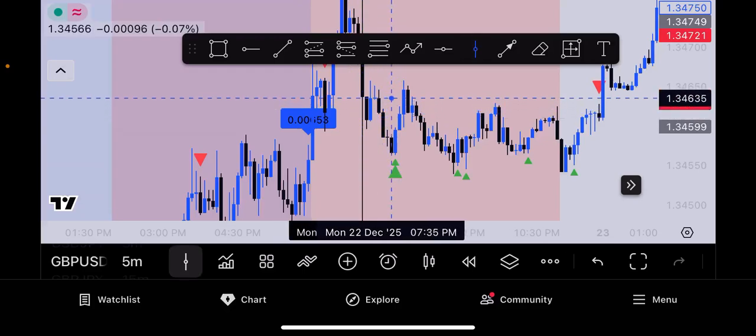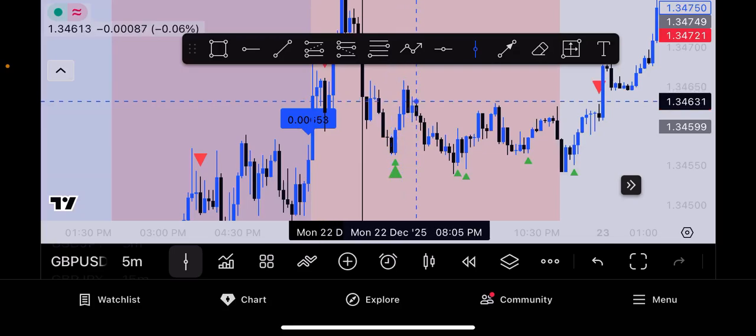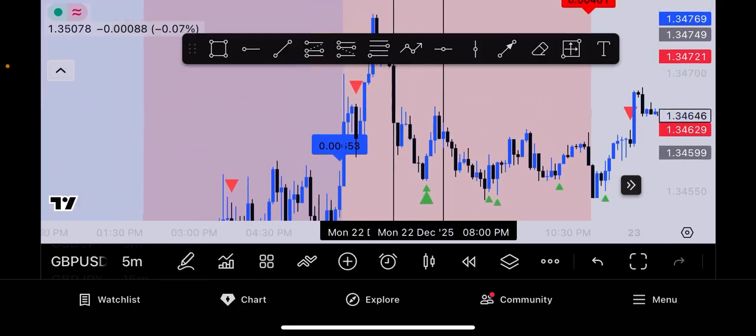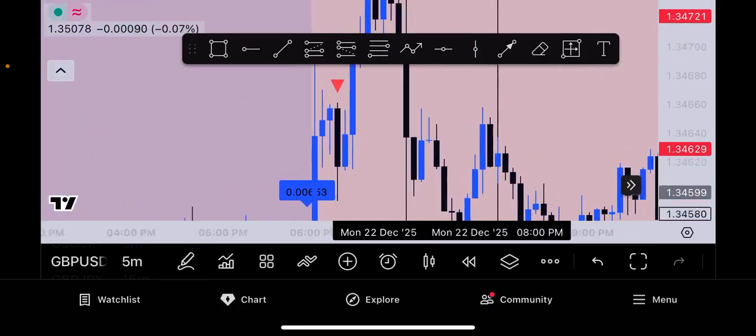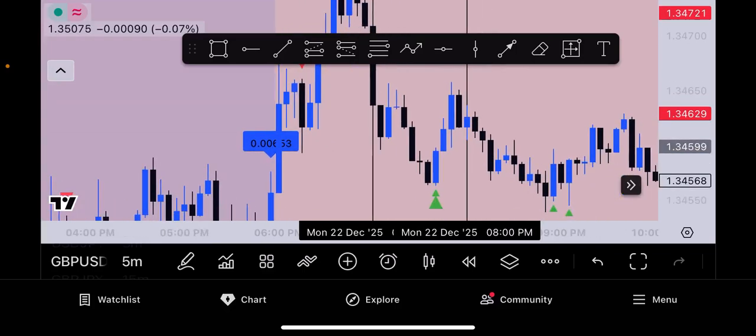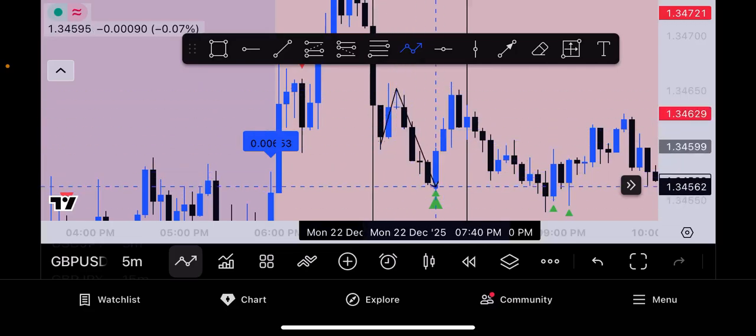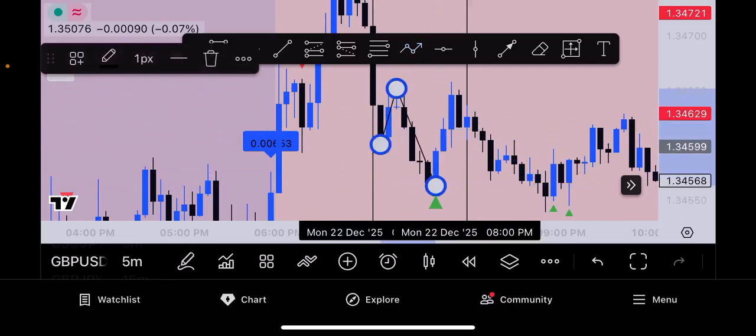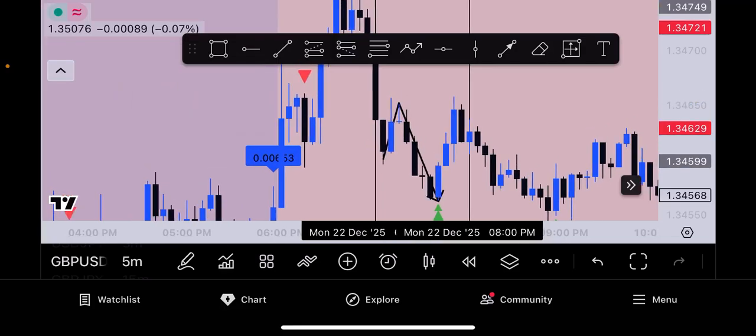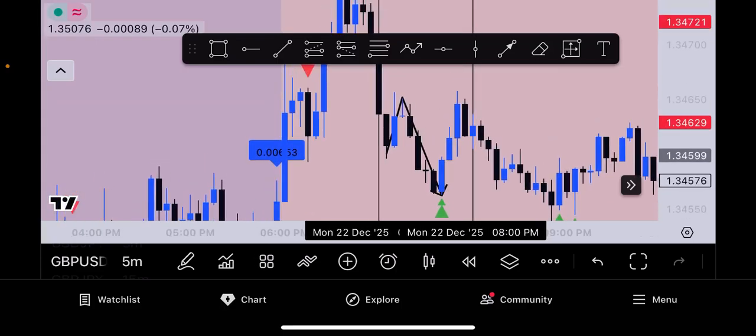This is 8 p.m. right here. This is the last structure the price created, which is a down structure, the structure right here, created before 8 o'clock.